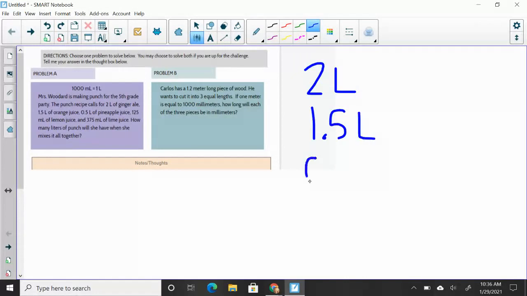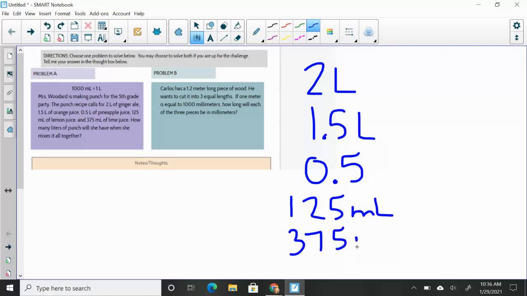I have a half of a liter of pineapple juice. I have 125 milliliters of lemon juice and 375 milliliters of lime juice. Okay. So I need to know how many liters the punch is altogether.